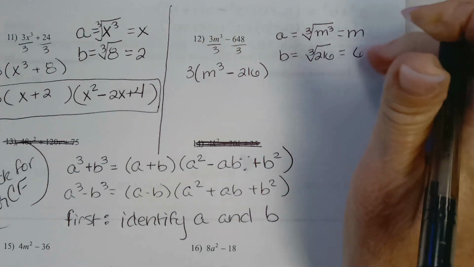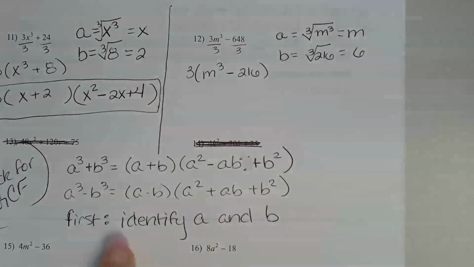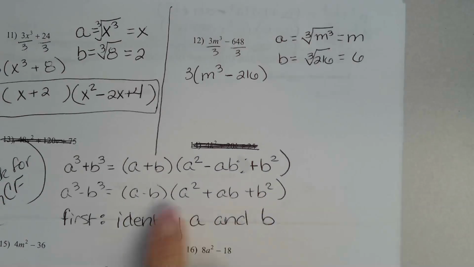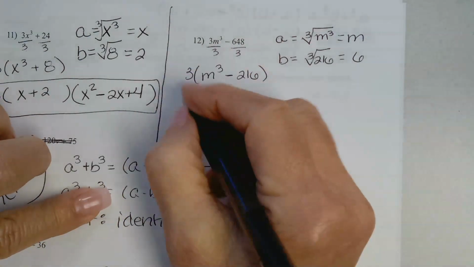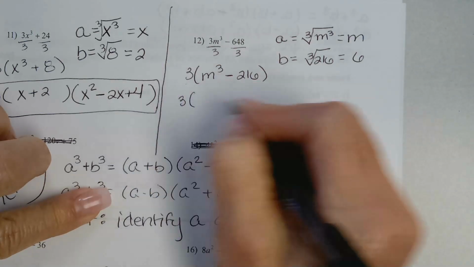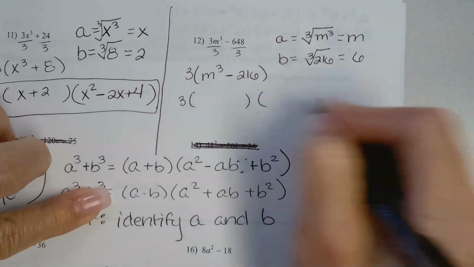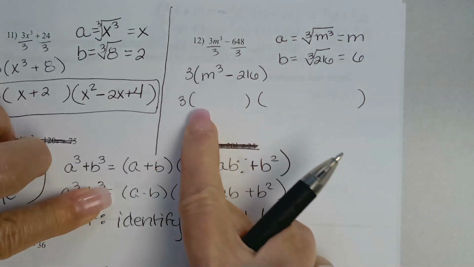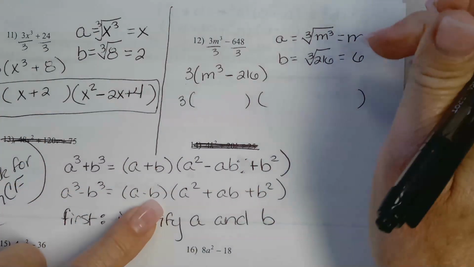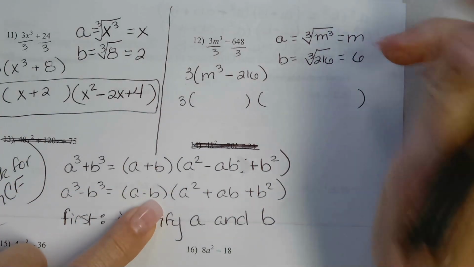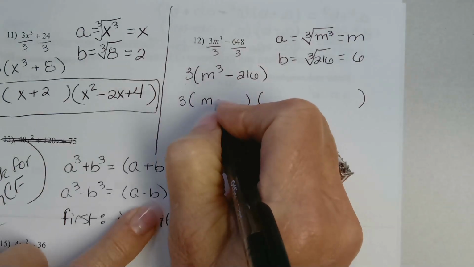So these are the values we're going to be using in our difference of two cubes. So this is the formula right here. So this 3, remember, was our greatest common factor. We took that out. This is going to be our binomial right here. A minus B, M minus 6.